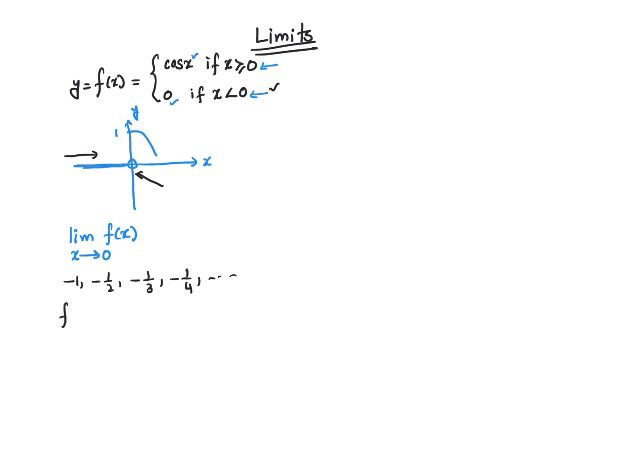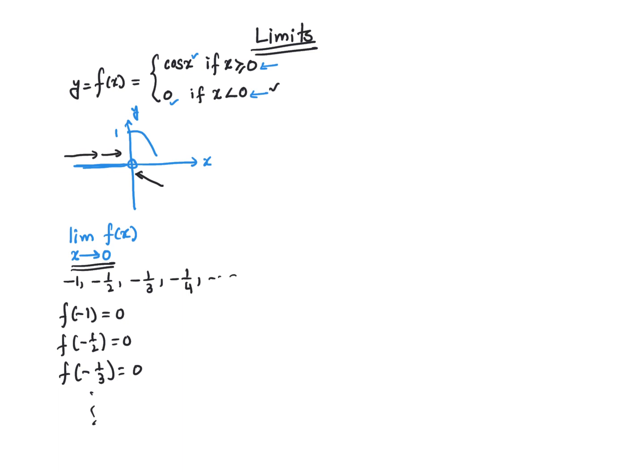Now f of -1 is 0, f of -1/2 is 0, f of -1/3 is 0, and as you can see, all of them are 0. So the limit for this function if x approaches 0 from the left-hand side is nothing but 0.